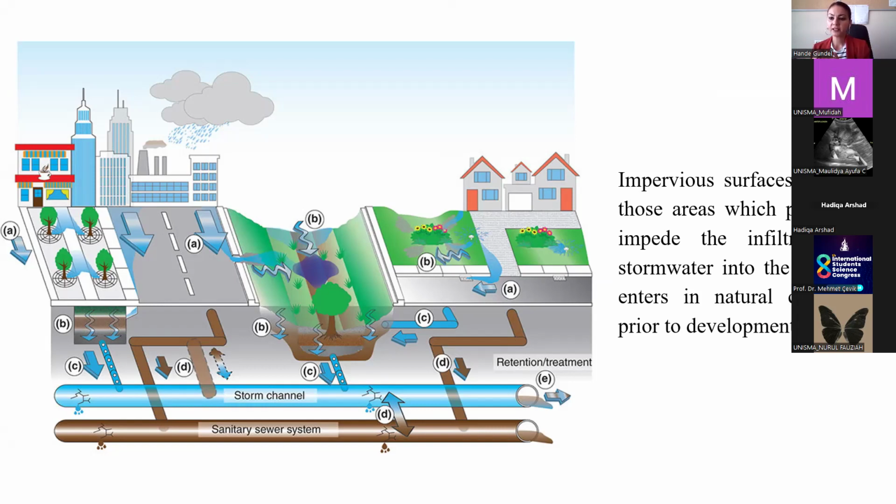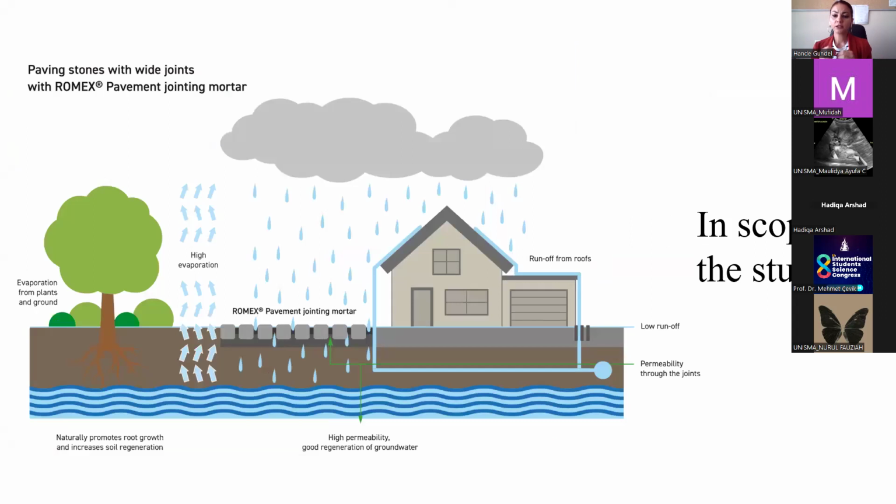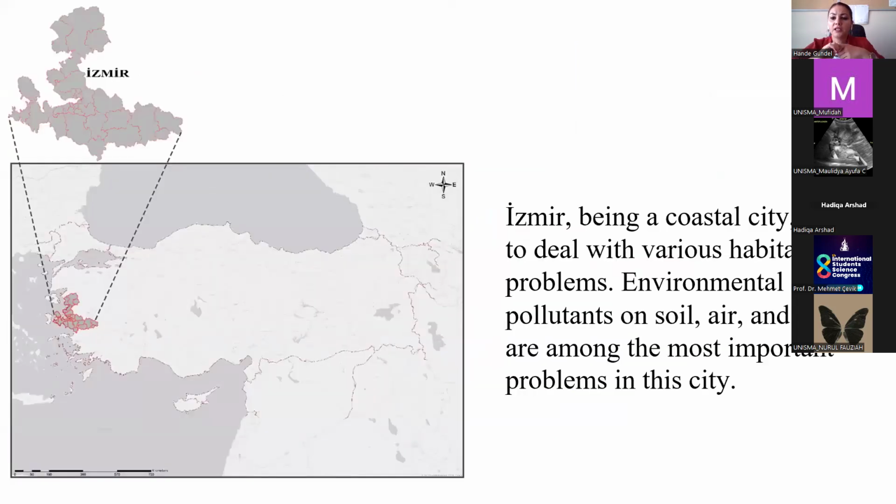Common impervious areas include rooftops, sidewalks, walkways, patios, driveways, parking lots, storage areas, compacted gravel and soil surfaces, awning and other fabric or plastic coverings. In scope of the study, drainage density analysis is done, and thus accumulation points of stormwater are determined.